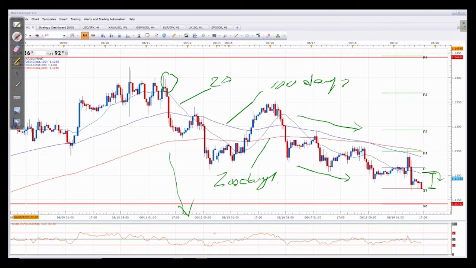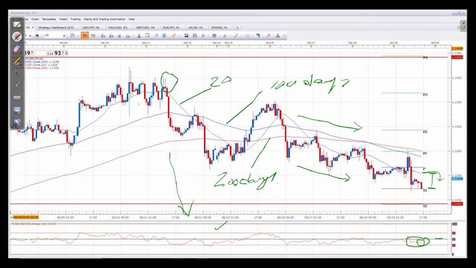RSI is also saying that this is in bearish control now because it's below the 50 mark. When it's in bearish control, it's pointing downward as well, as you can see. That's also indicating that the euro dollar at the moment, even in the short term, is on a downtrend.